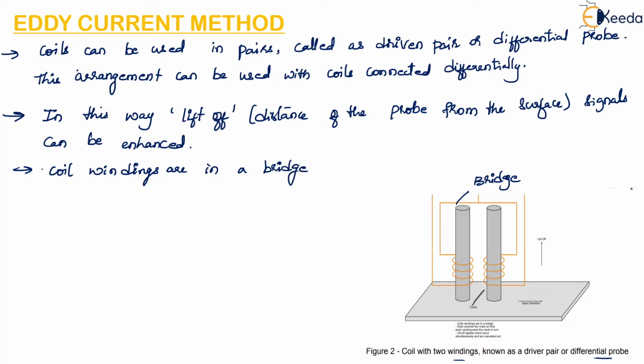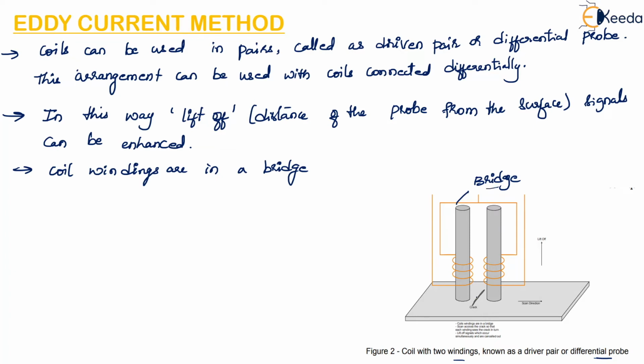The scan across the crack so that each winding sees the crack in turn. So if there is a crack in between these two probes or these two rods, these are nothing but ferrite rods which are differentially connected to each other, and there is a bridge formed in between.